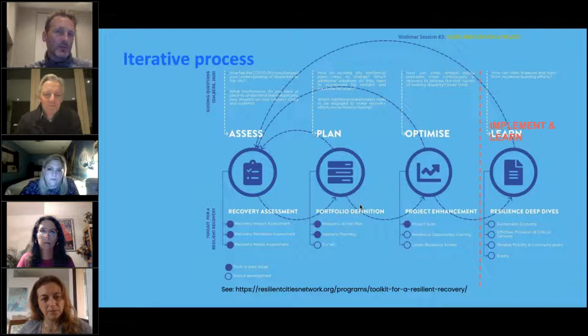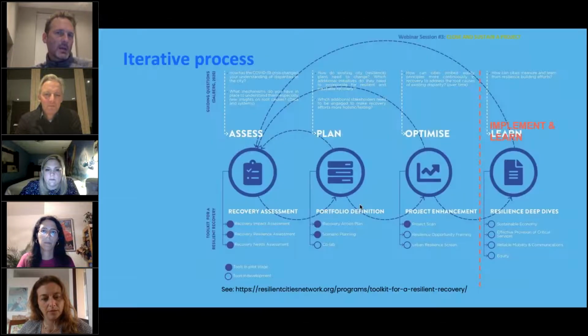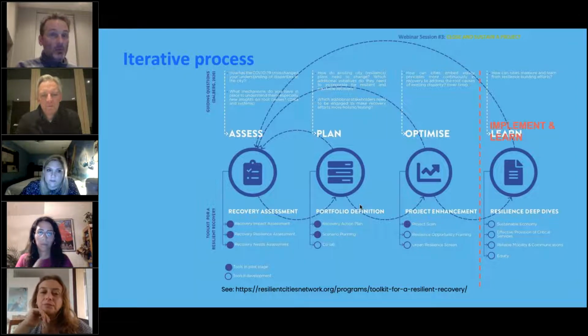So get that certificate, make sure you have the methodological guide, but be thinking about this cycle of projects and what it means for your timing, scale, and capacity, and what the iterative process could be teaching you. And I know we talked a lot about the end and about the communications, but you also heard from everybody that a lot of this begins at the very beginning, right? So begin at the beginning, as they say. And sometimes those will follow you all the way through and then on to the greater life of the project and the organization.